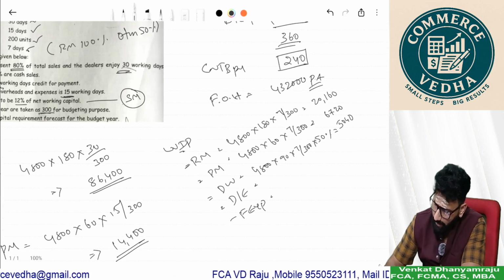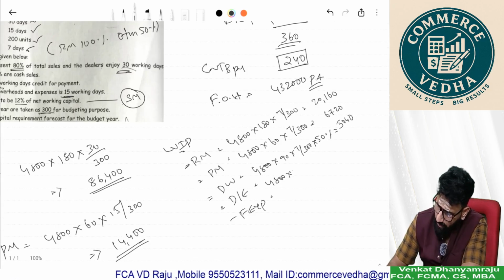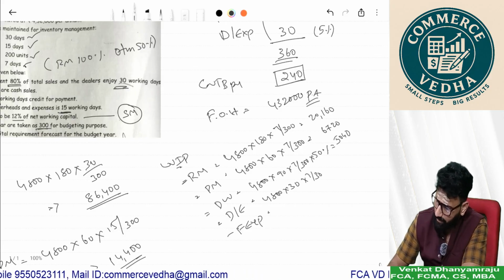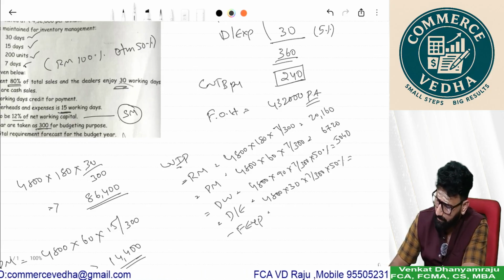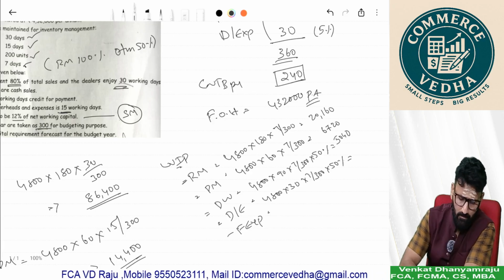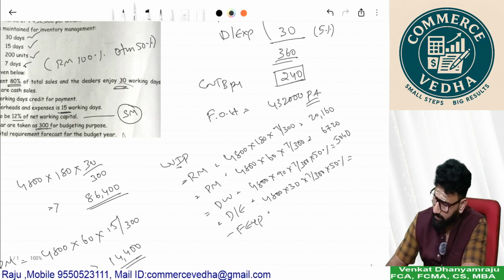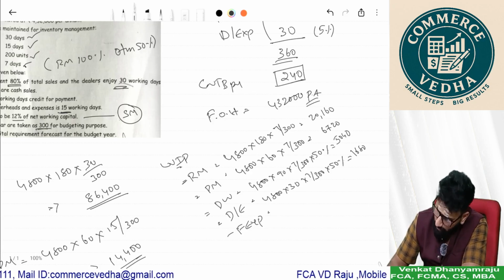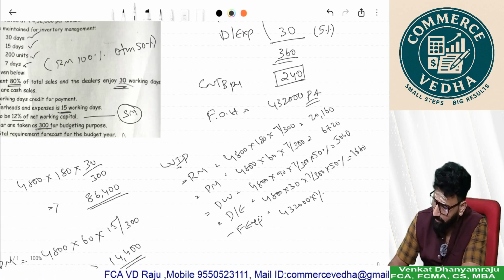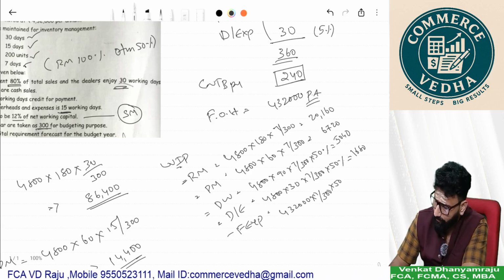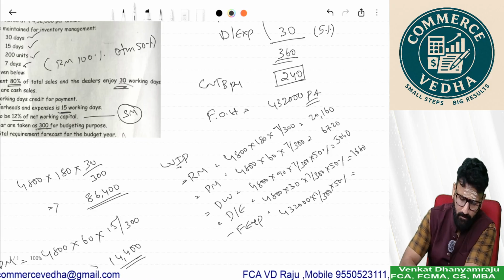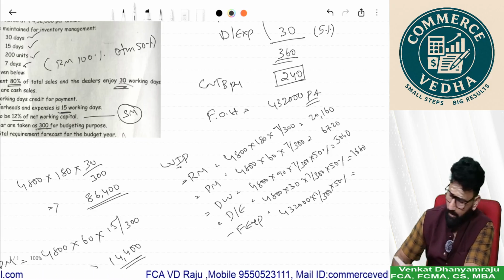And direct expenses 4,800 into 30 into 7 by 300 into 50%, 1,680. And fixed expense 4,32,000 into 7 by 300 into 50%, 5,040.